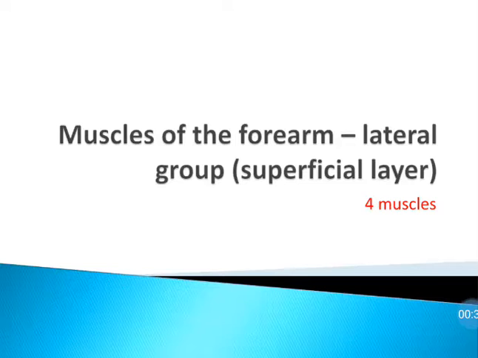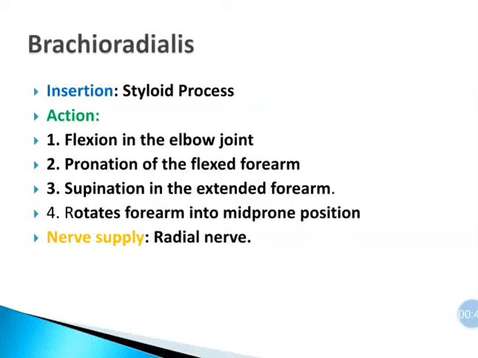First we'll start with the lateral group, superficial layer. There are 4 muscles in this group. The first muscle is brachioradialis. Its insertion is into the styloid process.